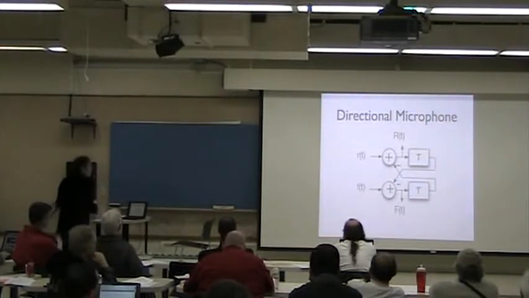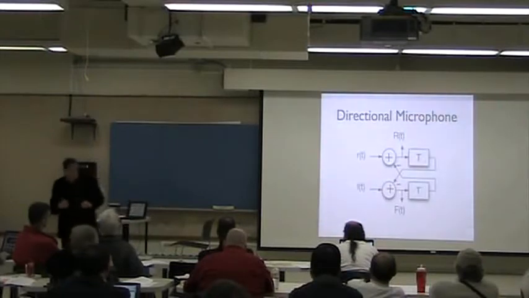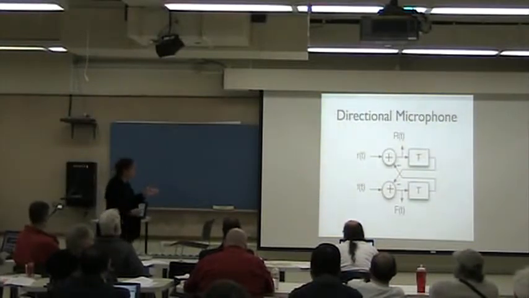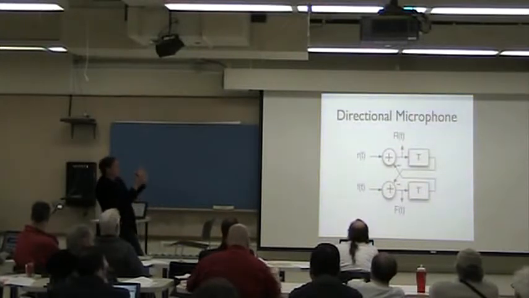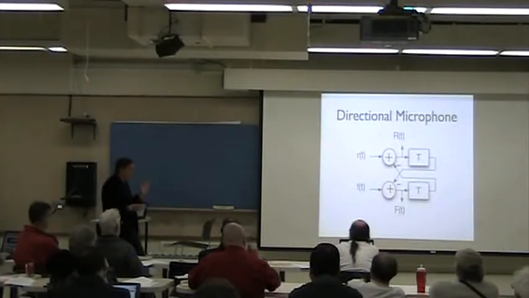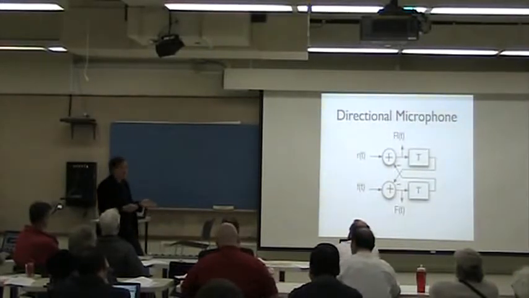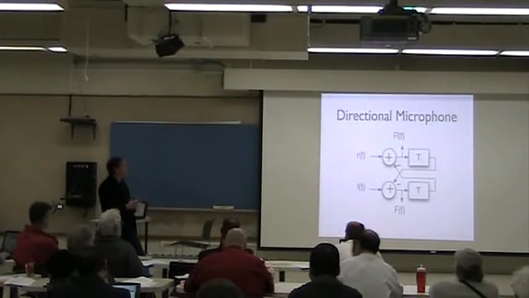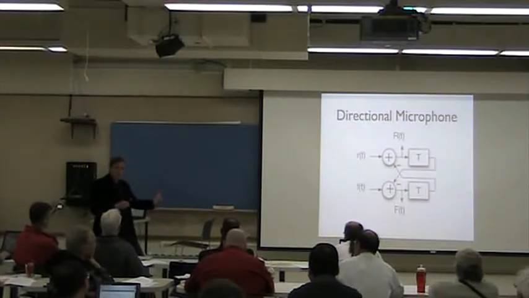Another important part of the hearing aid device is the directional microphone. This is not part of what compensates the damaged cochlea, but the directional microphone is a very important part because it helps people with hearing loss to focus on the sound they are interested in listening to.